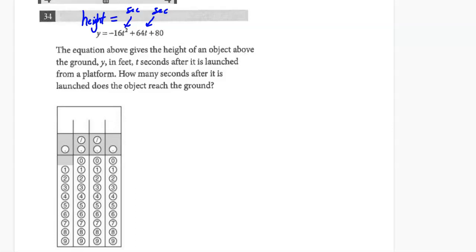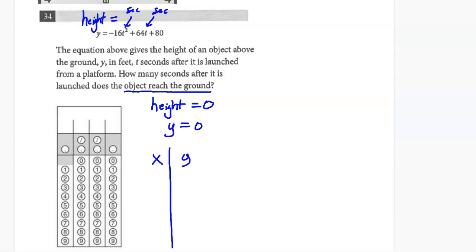The big idea here is that when the object reaches the ground, the height would be 0, so y equals 0. You're trying to figure out what the x value is when y is 0. But we're going to solve it by hand, assuming we don't have a graphing calculator.